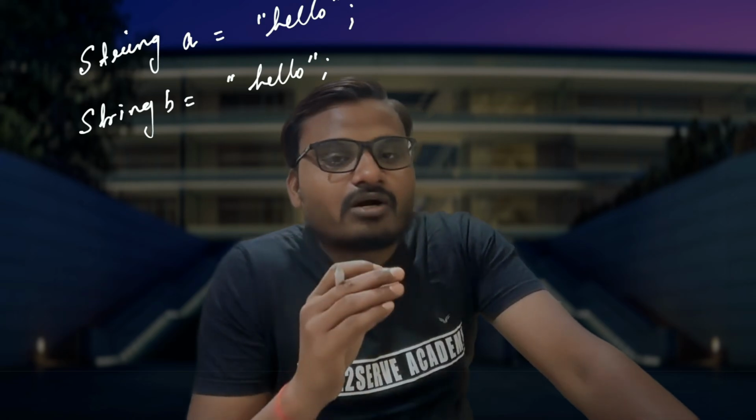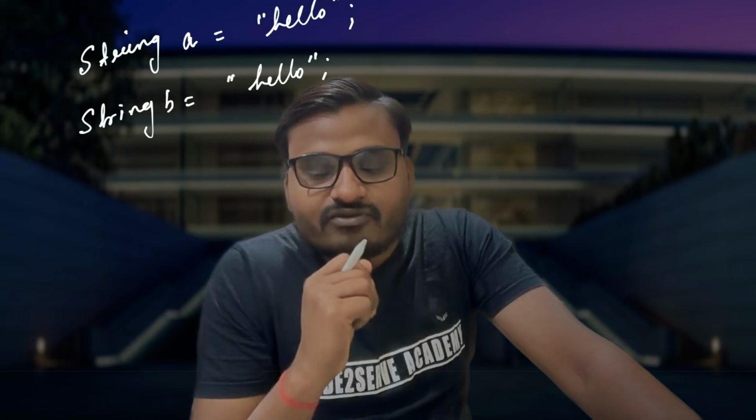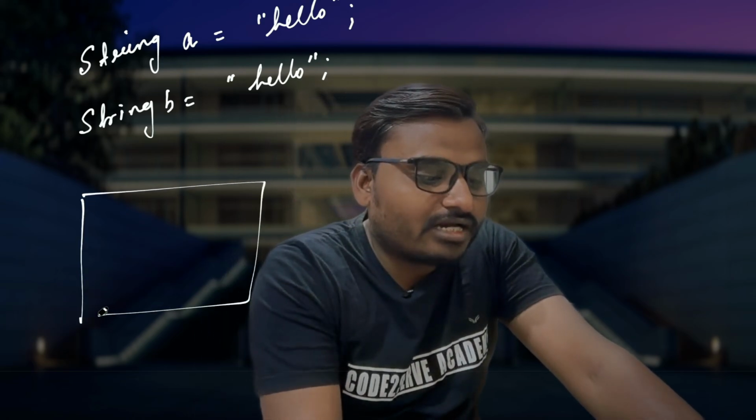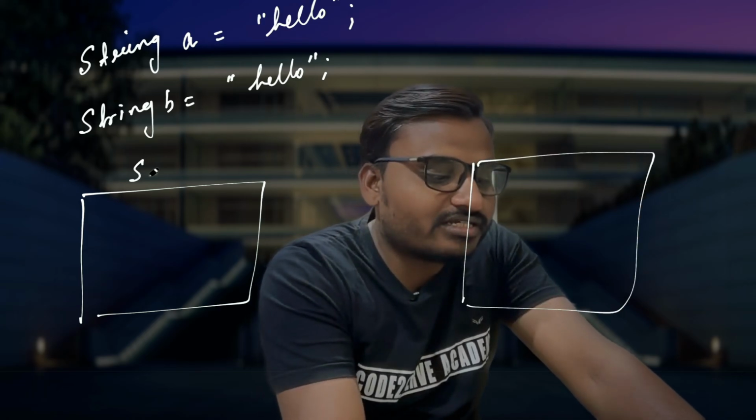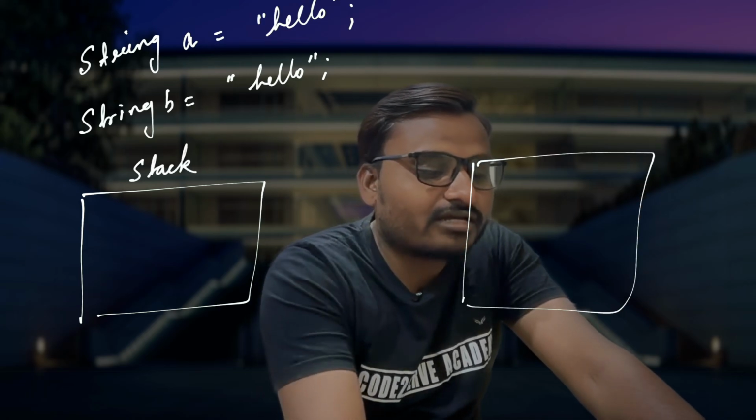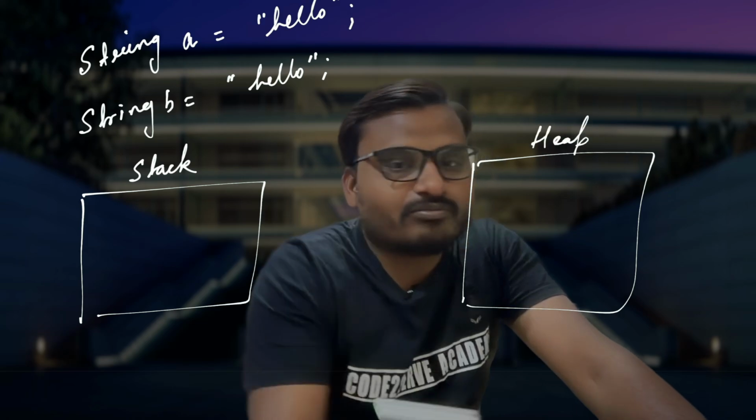Now first let's understand how Java keeps a string and where basically it keeps the string. So there are two types of memory you can think of. One is the stack memory, and one is the heap memory. This is stack and this is heap.